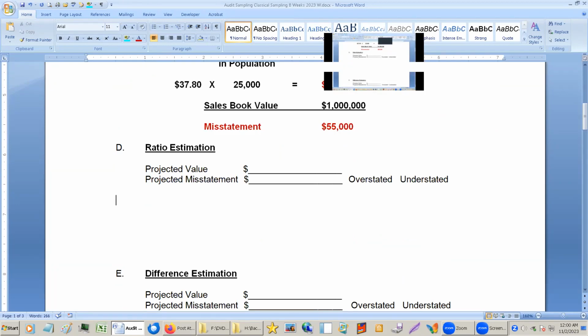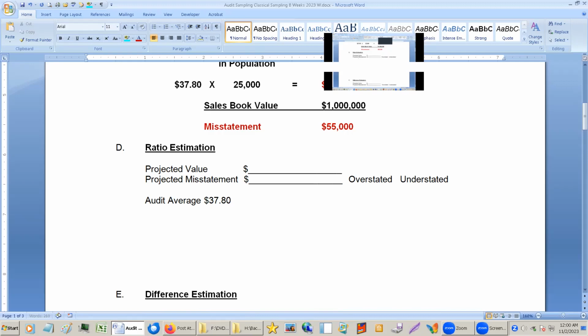So the audit average, 37.80, and the book average, 42.